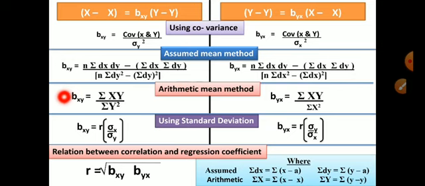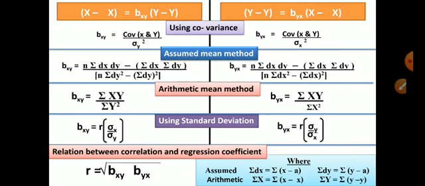If you go for the arithmetic mean method, bxy is summation capital XY divided by summation capital Y whole square, where capital X is the deviation taken from the actual mean of x, and capital Y is the deviation taken from the actual mean of y. The denominator is the sum of the square of the deviations taken from the actual mean of y.